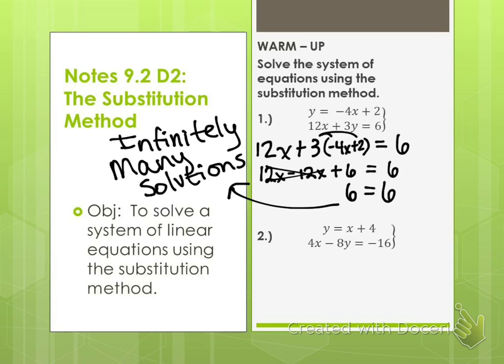All right, number 2. Which equation's already solved? The top. So we need to rewrite the bottom, and we'll leave a blank for which variable?